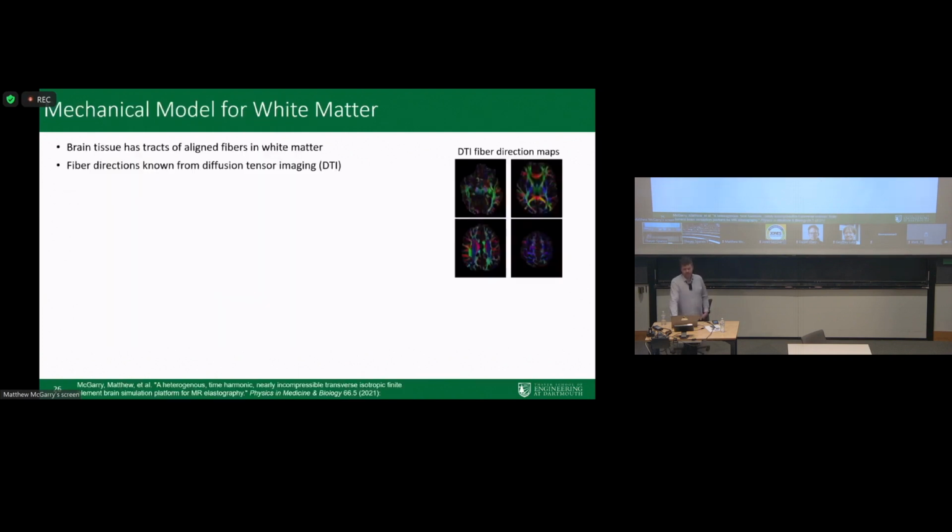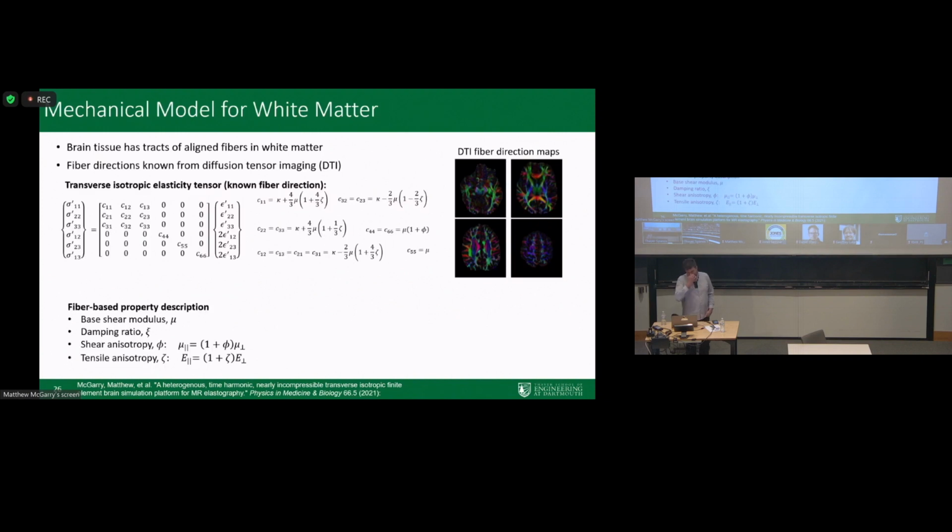So we can come up with a mechanical model for white matter. You can use another MRI technique called diffusion tensor imaging, and this tells you where all the fibers are and which direction they are. If you know what direction the axis of symmetry or the stiffer direction is, you can make a pretty big simplification to the full anisotropic elasticity problem, and you can get this nice symmetry.